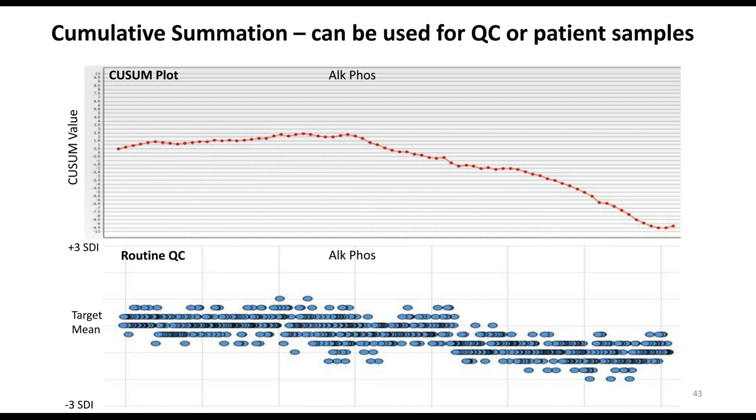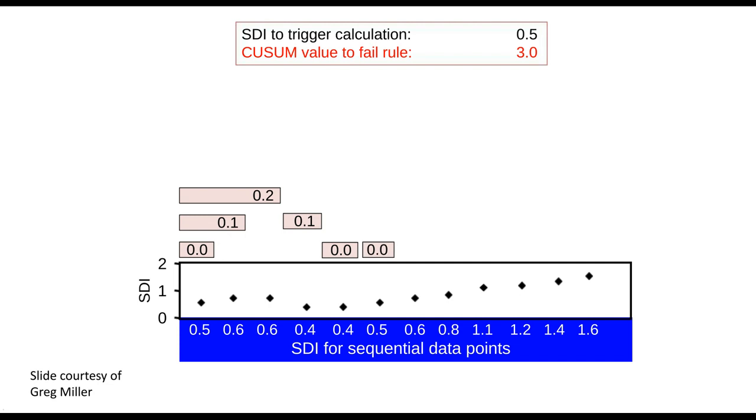A disadvantage is that simulations and modeling are needed to optimize alert values, so technical expertise is required. However, automated tools for optimization and implementation are now available from manufacturers. So the next slide shows how the cumulative summation approach works. You'll see SDIs being summed until they hit an alert value.